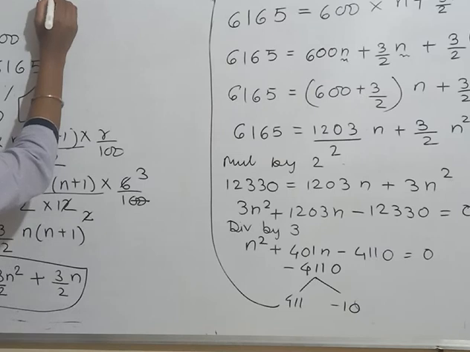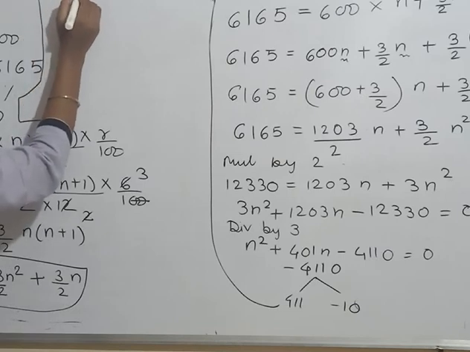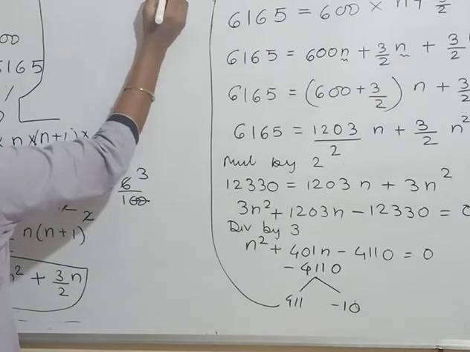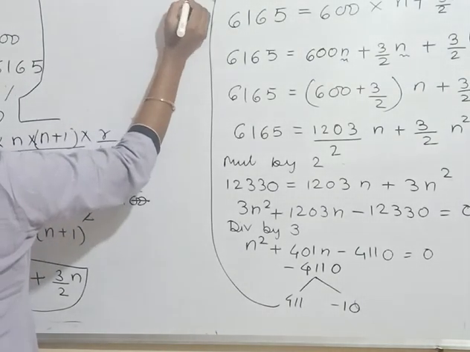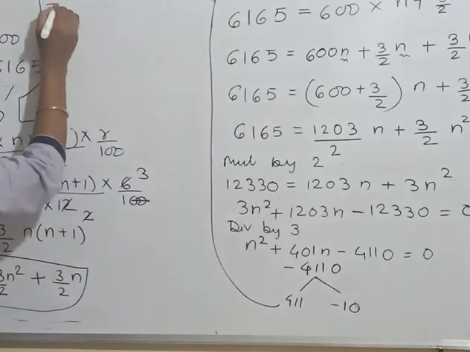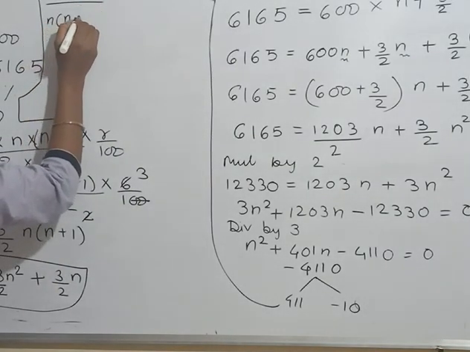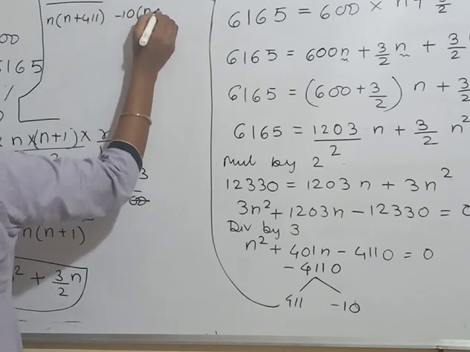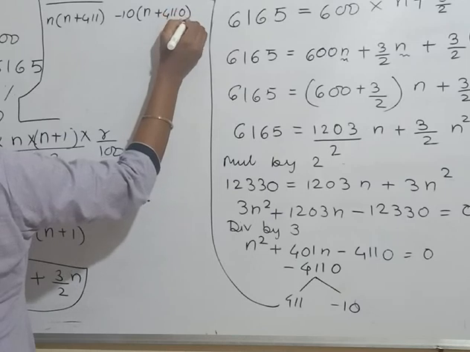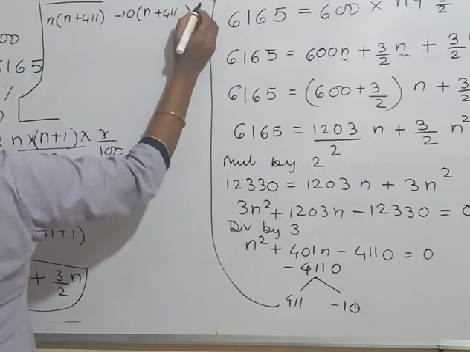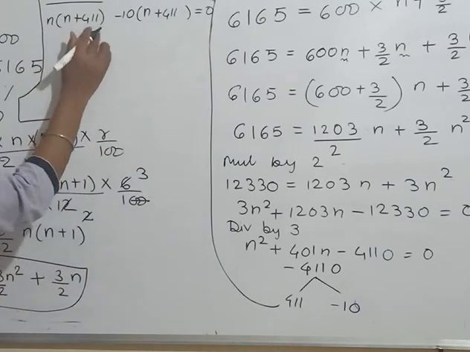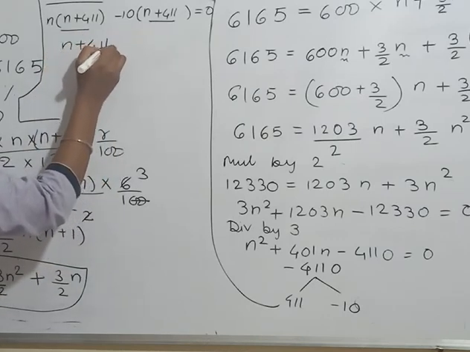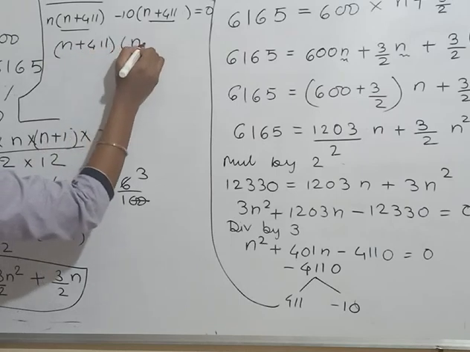So here I get n square plus 411n minus 10n minus 4110 equals 0. From here n common, so n plus 411. Here minus 10 common, so n plus 411 equals 0. n plus 411 common, and n minus 10.